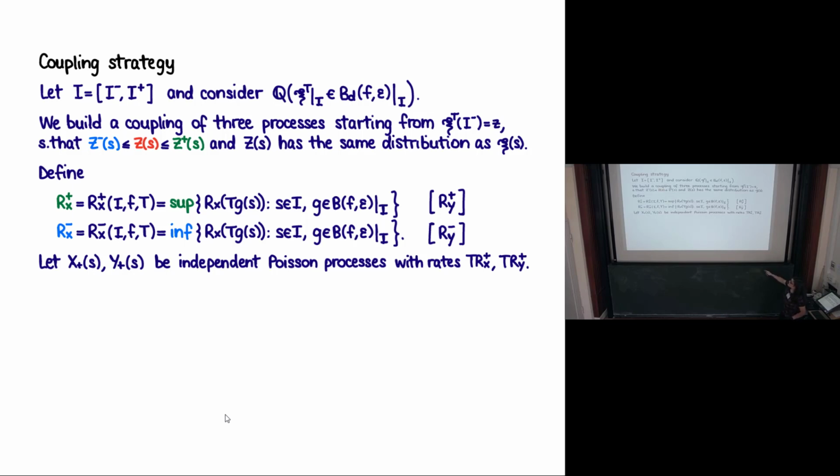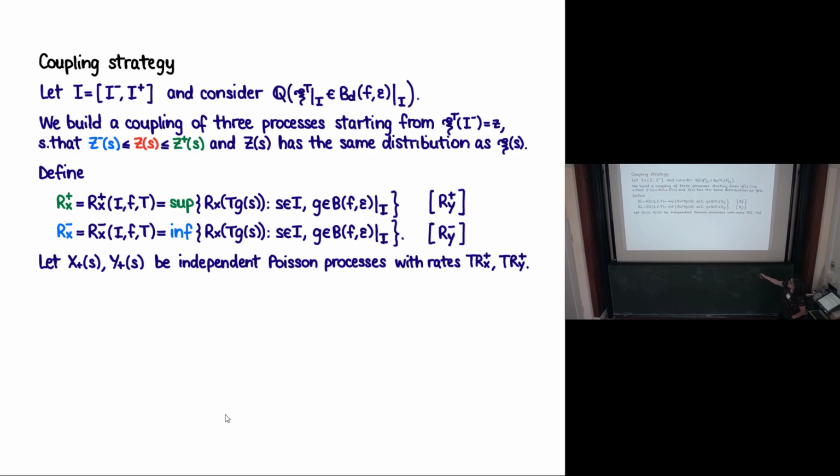So z plus is just going to be x plus and x minus, which have these two constant rates. So z minus has two components which have rates x minus and y minus, and z plus has two components x plus and y plus. So the plus is being the upper bounds and the minus is being the lower bounds for x and y.